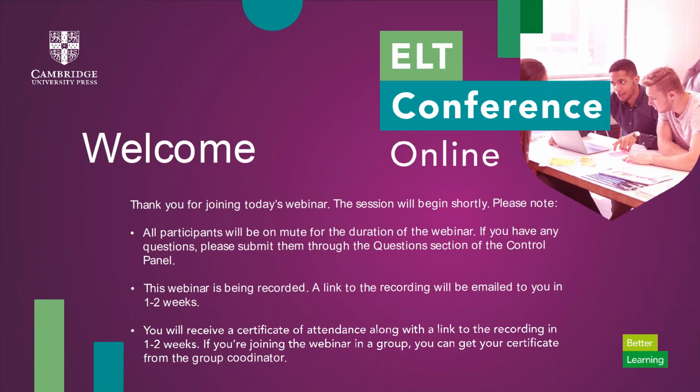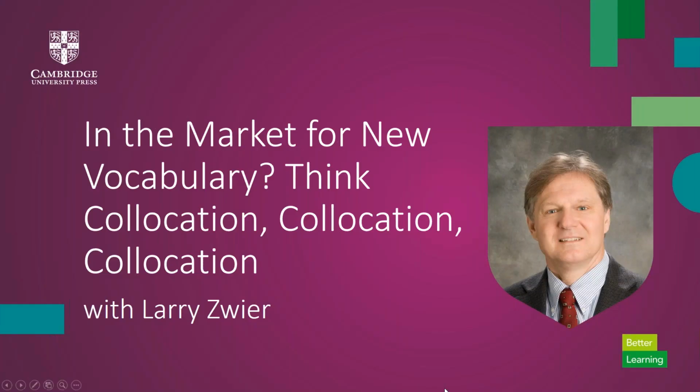My presentation today is inspired by something that we often hear from real estate agents. If you've ever been out shopping for a house and they talk to you about what you should be looking for, they always say the most important thing in shopping for a house is location, location, location.